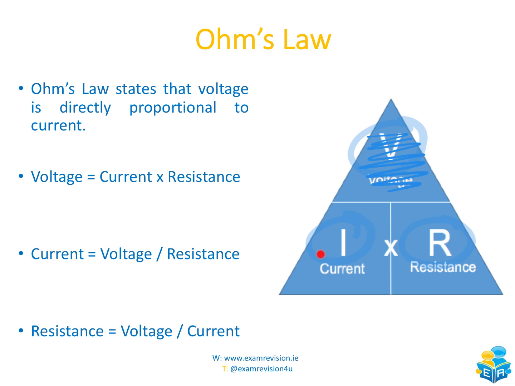Just be careful of that because current, we use I for current, it's not C. So current times resistance. If you want to find out the current, we're going to cover up current. It's going to be the voltage divided by the resistance. And if you want to calculate the resistance, we cover up resistance, and it's going to be the voltage divided by the current. Okay, so how we remember this one, that silly triangle was distance, speed, time. VIR is a very important relationship.